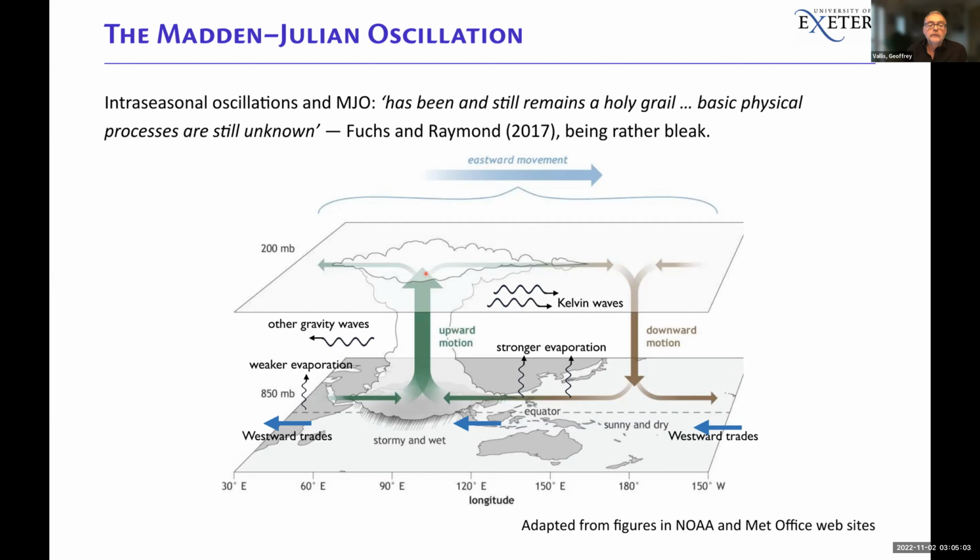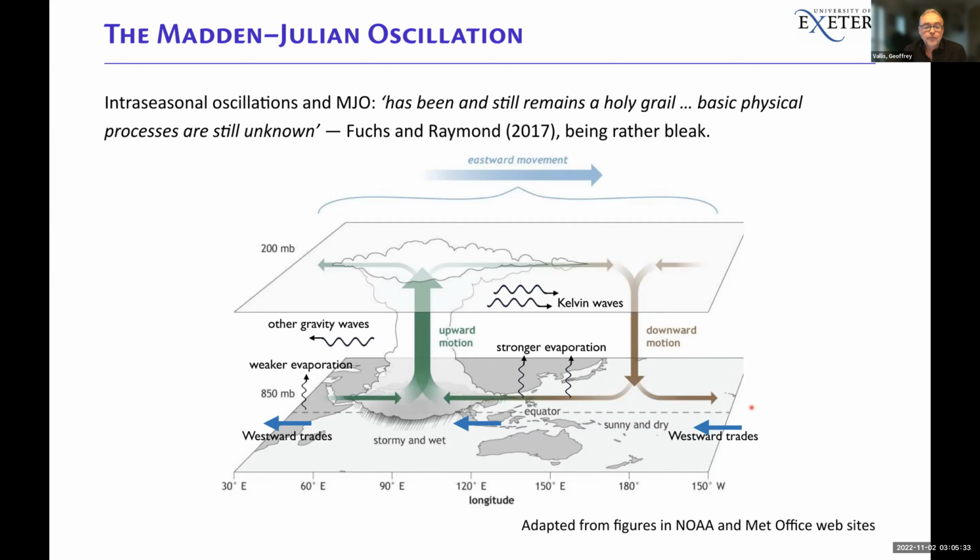And then, perhaps to everyone's surprise, this storm moves steadily eastwards at about 5 meters per second, maintaining its structure, and eventually it goes all the way across the Atlantic, all the way across the Pacific, and finally decays just west of South America. So that's what it is.